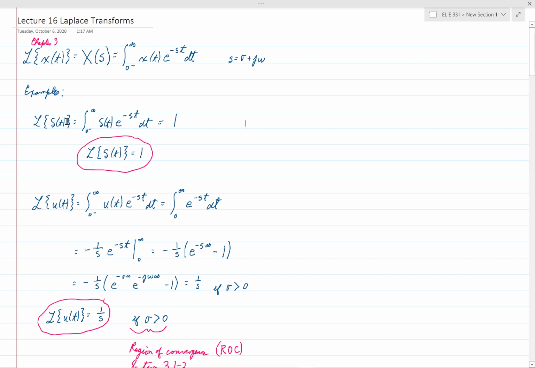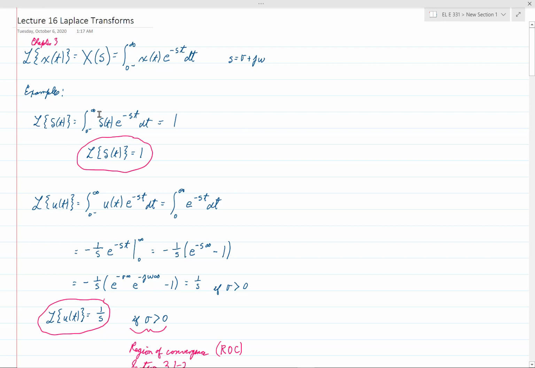This is the easiest function of which you can take the Laplace transform, because when we plug delta of t in for x of t into this formula, we have the integral from 0 minus to infinity of delta of t e to the minus st dt.